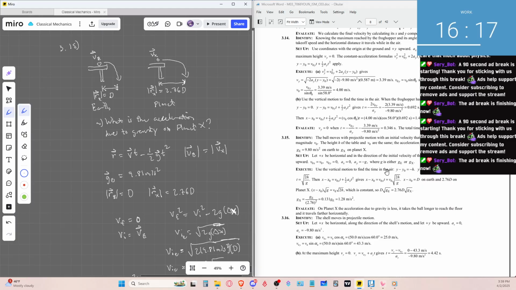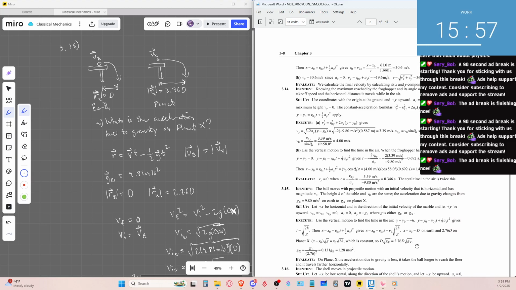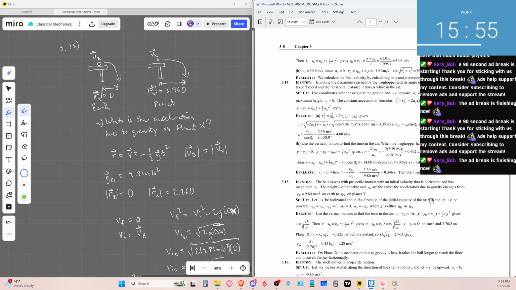Using the horizontal motion to find the time in the air minus G. On Earth is a... So, which is the constant... Just want to make sure you guys see what I'm seeing. I'm looking at this part right here.